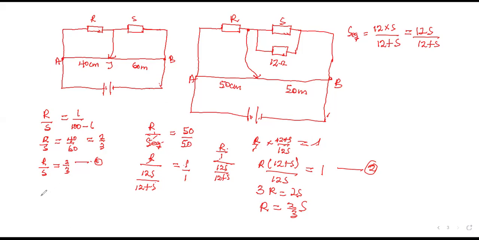From this equation, we can also say that R is equal to 12S over 12 plus S. Without necessarily doing this, we can just make R the subject, cross multiply, and we'll also have R equal to 12S over 12 plus S. So Josephine, check it again. Yes, S is 6.